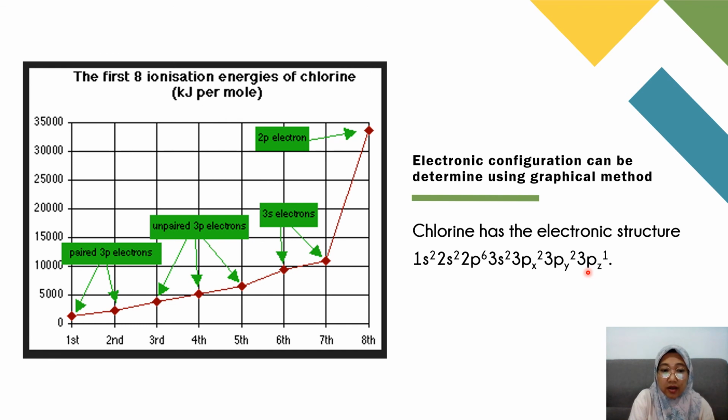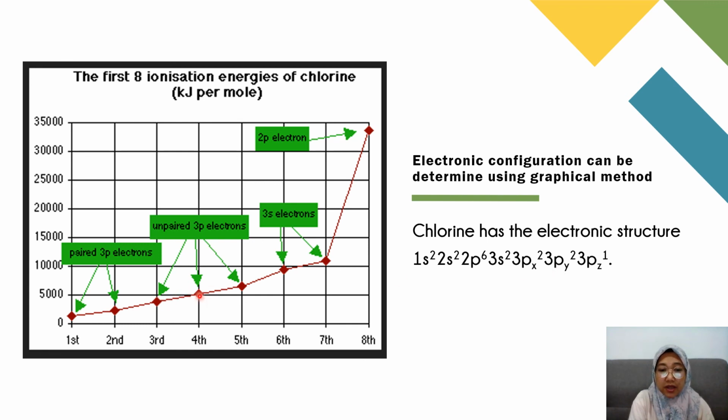Jadi untuk keluarkan elektron, first electron to remove, kita kena keluarkan daripada pairing electron. Pairing electron ada 2, that's why sini pun ada 2. Pair 3p electrons. Bila elektron yang pairing kita dah keluarkan, tinggal single unpaired elektron.